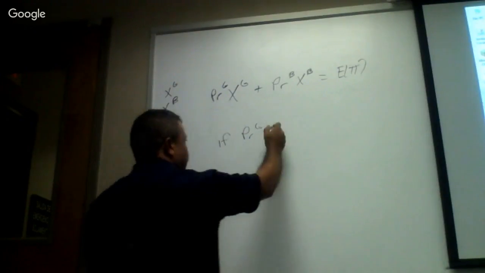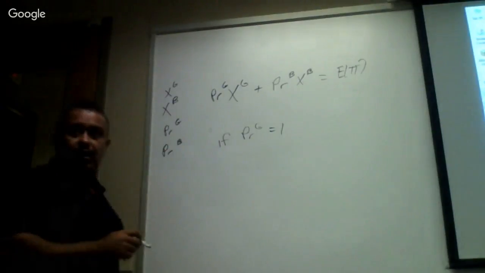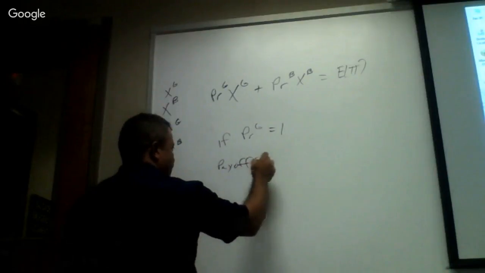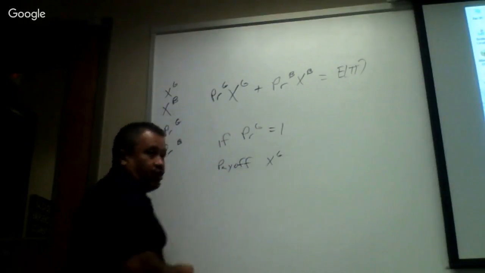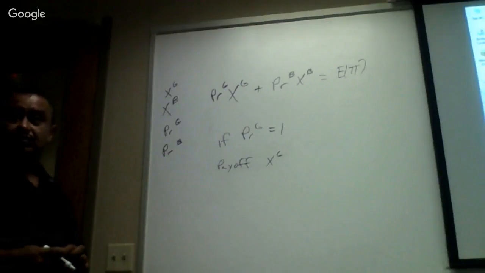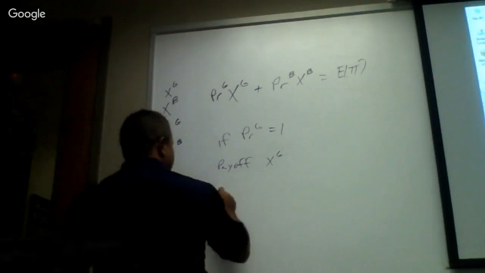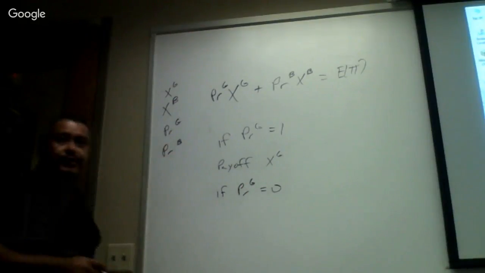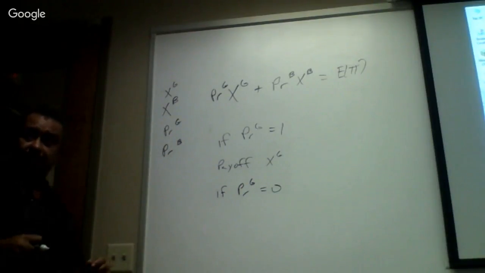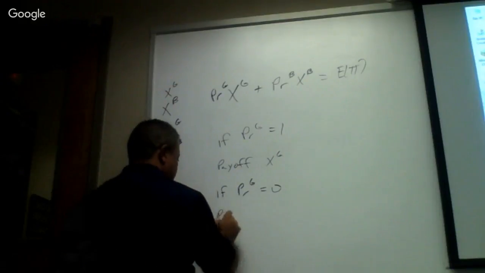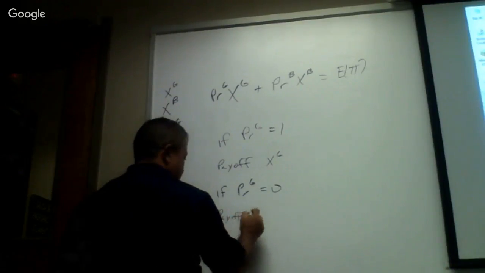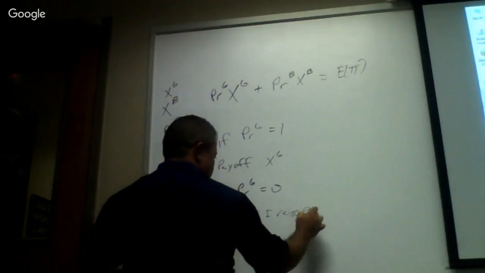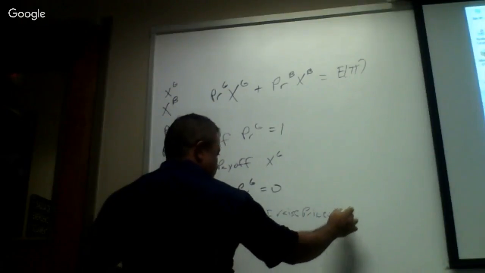If this equals 1, then my payoff is XG, in our example 800,000. If the probability of G equals 0, then my payoff, if I raise price, is XB.